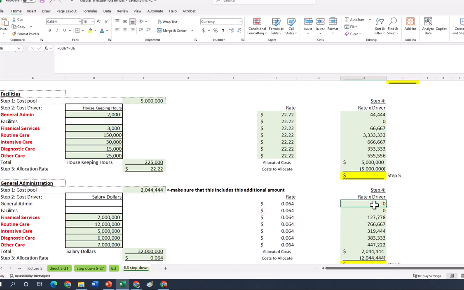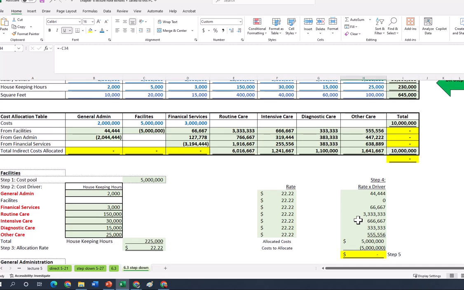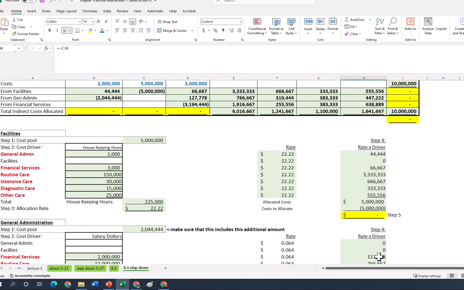Okay, we built this as a generic, so we do the math. There's no driver, so that's zero, that's zero. We take our salary dollars times 6.4 cents, allocation rate to get the allocation. We total it. What did we want to allocate out? 2.4. And then we went ahead and brought these over.